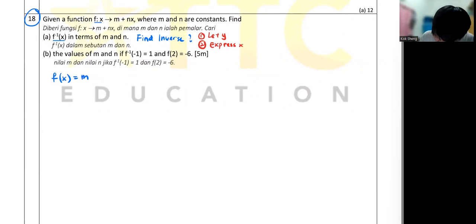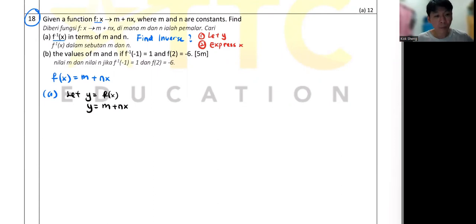Sorry, copied wrongly: m plus nx. Okay, so we can start to find. Let y equal f(x). Sub in the f(x). Then the next step will be express x. Need to find x equals.